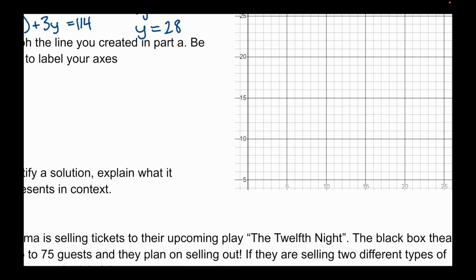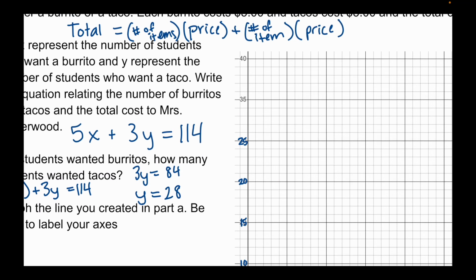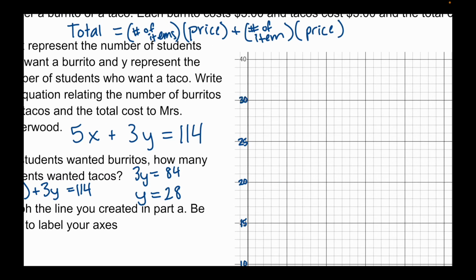I'm going to relabel this graph and say that this is 0, and this is 5, and 10, and 15, and 20. So I'm scooting everything on this graph by 5. This would be 25, 30, and then 35.